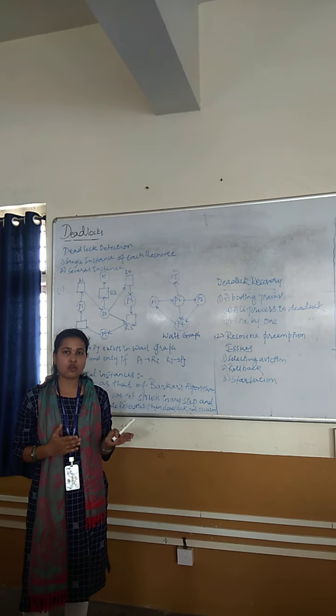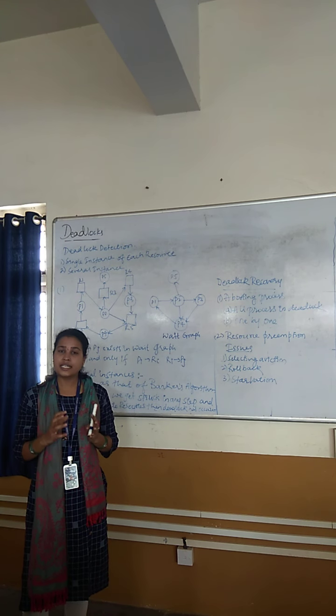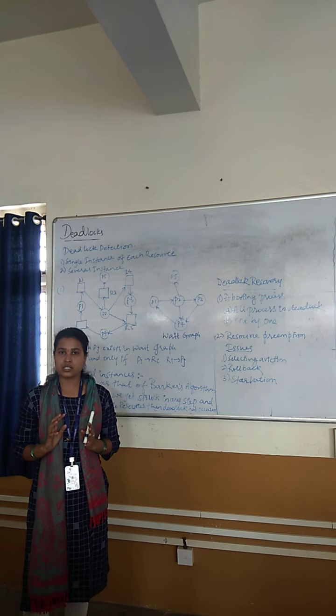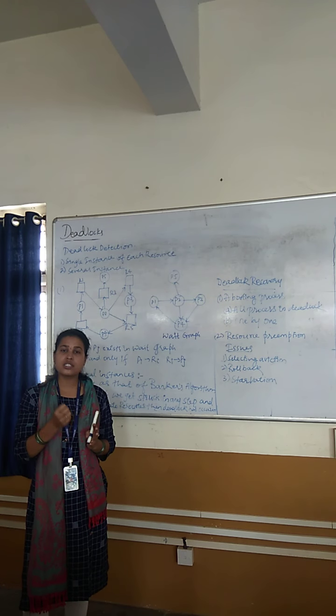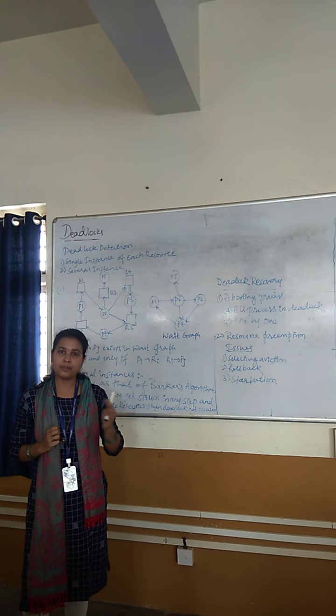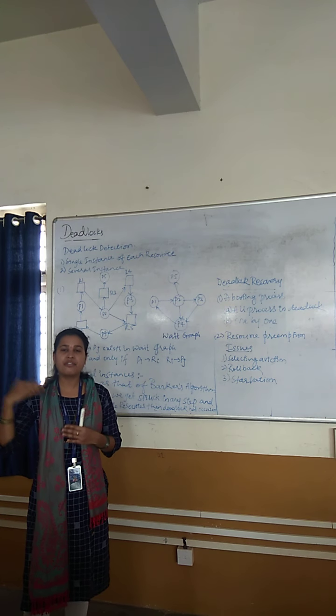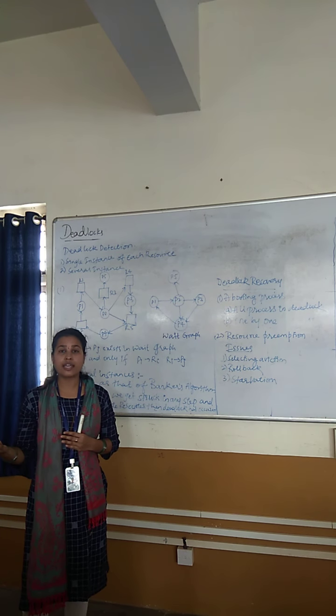Since this process is already stuck, for example, process P1 is stuck in a deadlock, it is having 10 number of resources. All these 10 resources are preempted, taken, withdrawn temporarily from that process P1 and they are given to some other process, for example, process P5. Why?